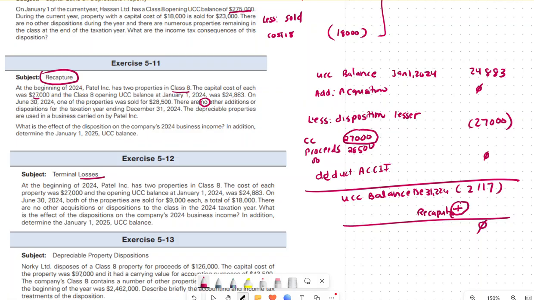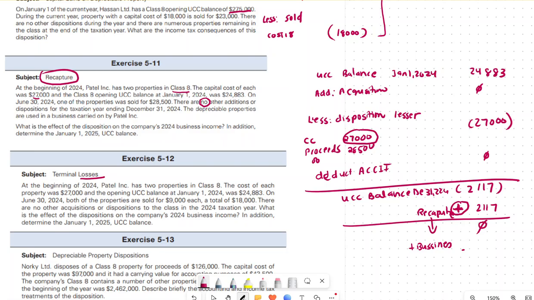If you have to minus it, it will be a terminal loss. Recapture, you have to add it here in order to make this class a zero balance. So recapture is added to the business income, and we pay taxes on business income.